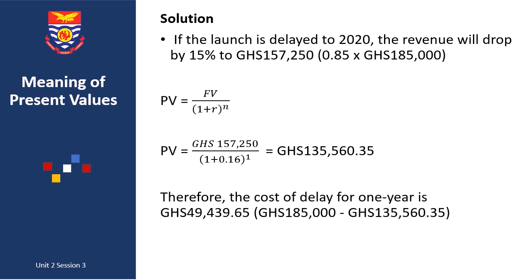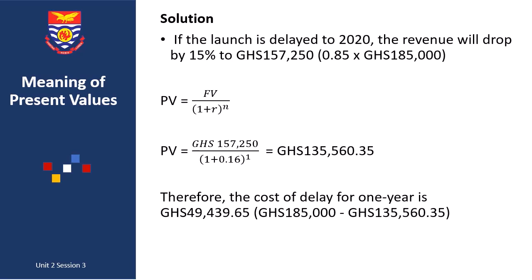We divide by 1 plus 0.16, because the rate was 16%, raised to the power 1, because it's just 2019 to 2020, it's just one year, and we will get 135,560.35. So now this is the present value.